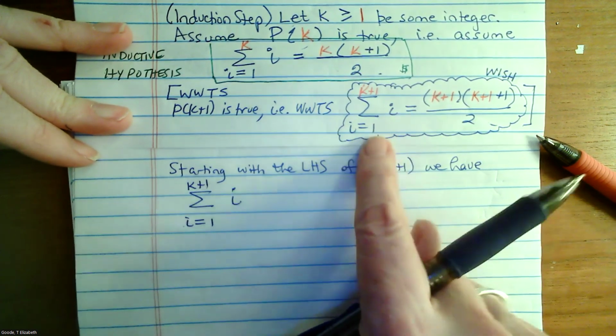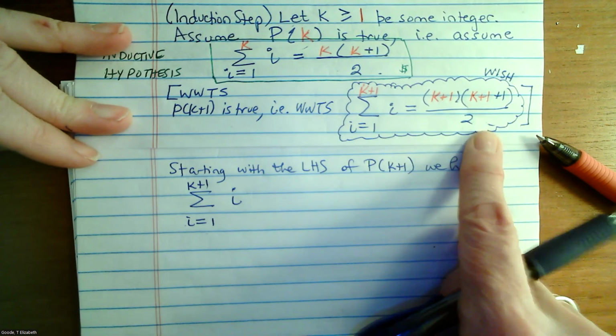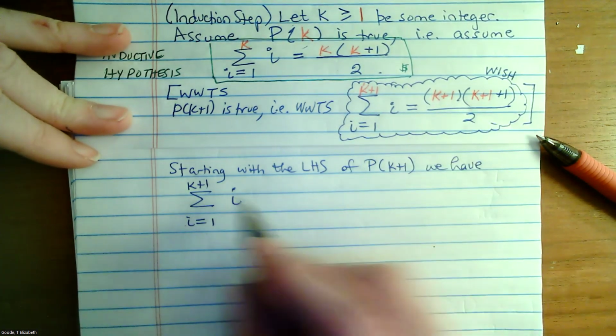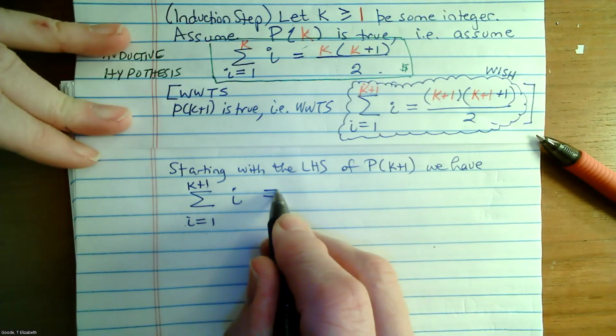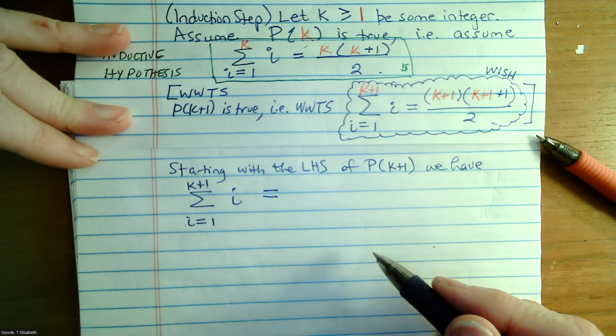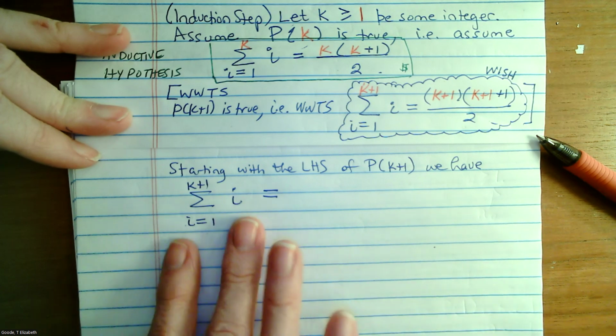Now we are going to try to change this into that. Okay? Well, we learned a trick at the beginning of class today, and that trick was breaking off the last term of a sum. So let's apply that trick here.